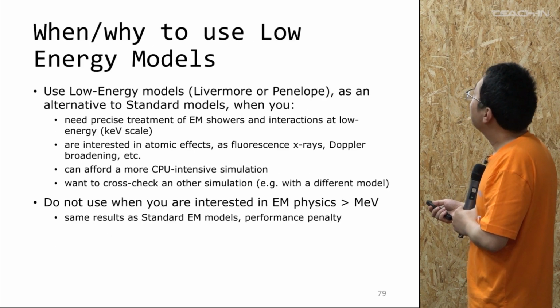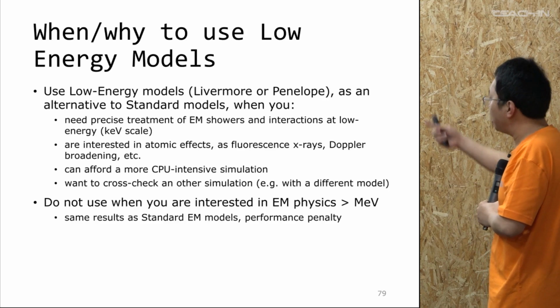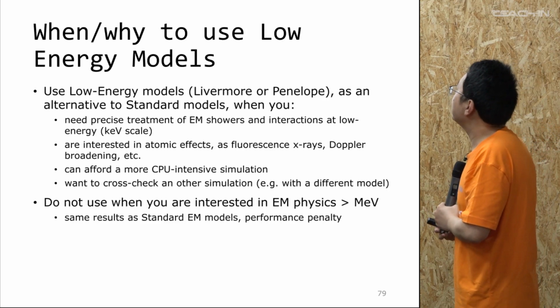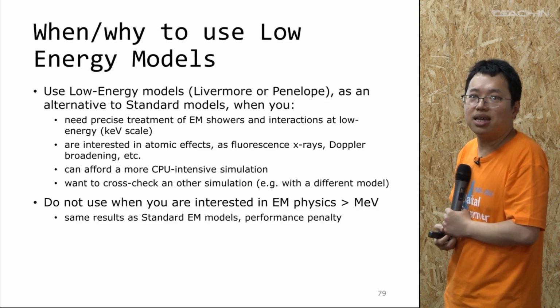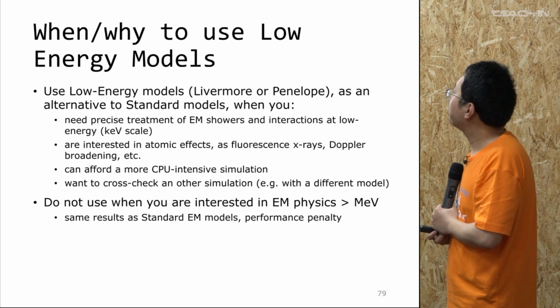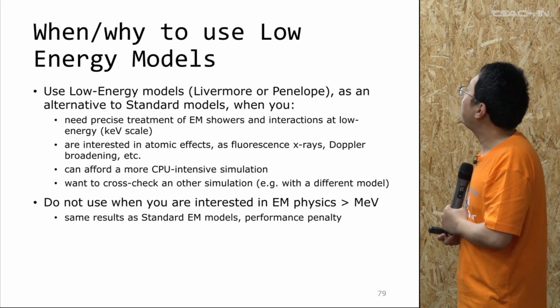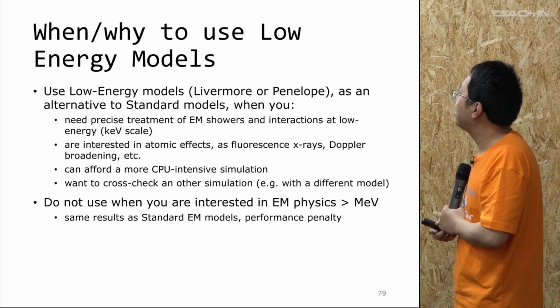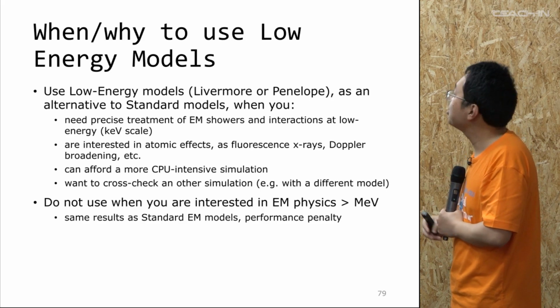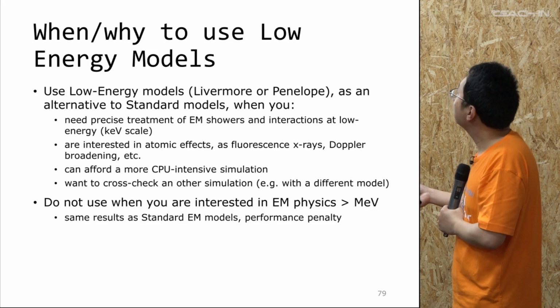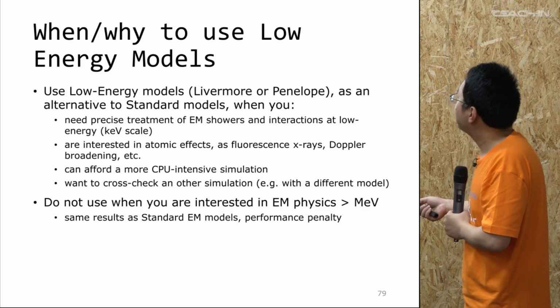As I just mentioned, in most cases you can just use the standard EM model. But if you have to study the low energy case, you may need to enable these low energy models.